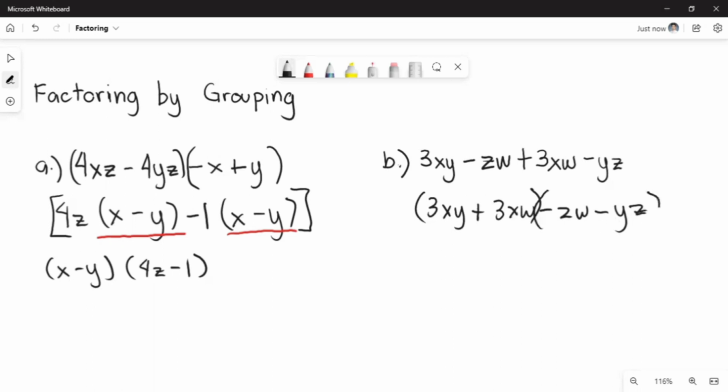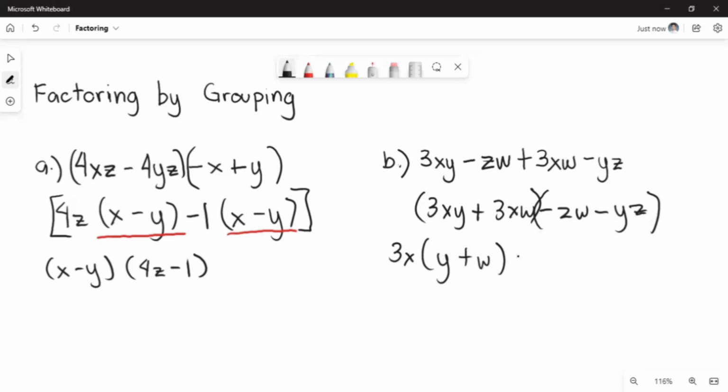Now, the common factor on the first pair is 3x. They both have 3x. Therefore, if we factor out 3x, that will give us 3xy divided by 3x is just y, and 3xw divided by 3x is just positive w. Now, let's go to the second pair. We have negative zw minus yz.